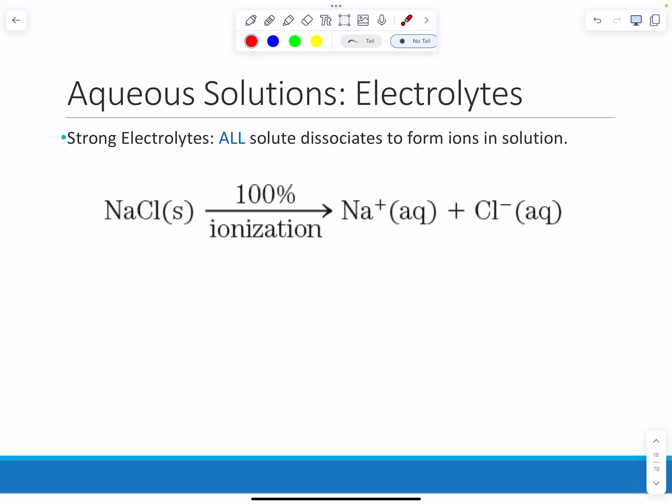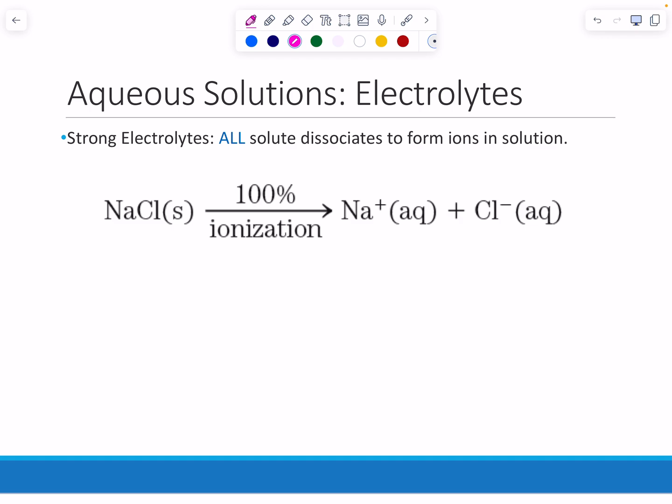So whether we're talking acids, bases, or electrolytes, we're going to be using terms called strong and weak. Whenever I use the word strong, when I'm referring to a chemical phenomenon, it means that thing happens completely.